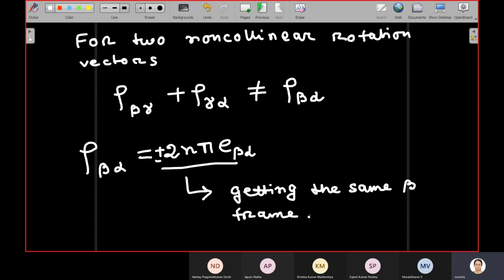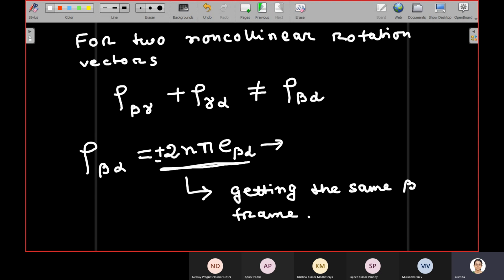Right, although we have a different rotation vector, as per the convention of the vector, we cannot say that this is not a rotation vector. We are applying a rotation, we have a rotation vector, but we do not get a different frame, we get the same frame.